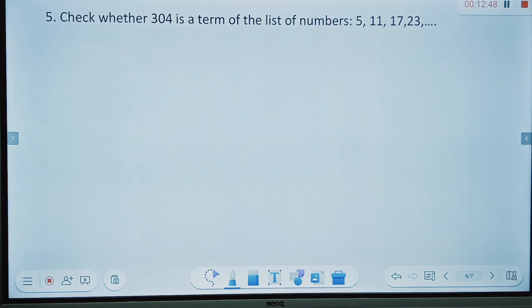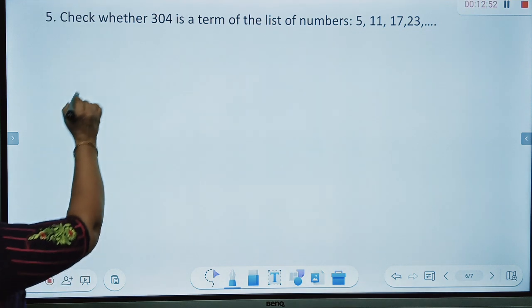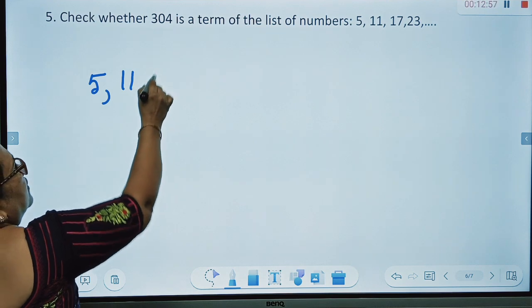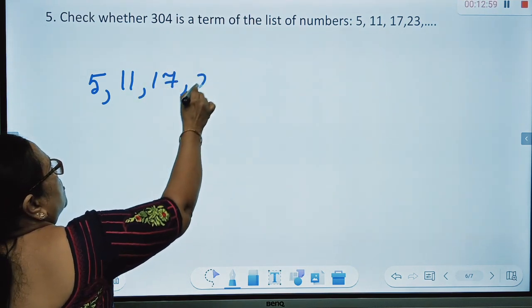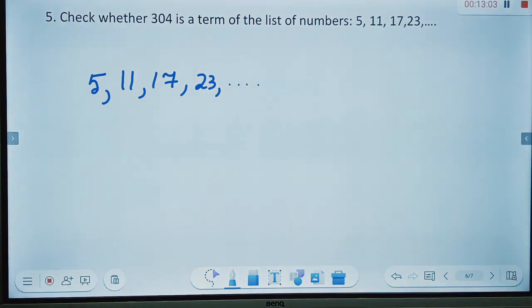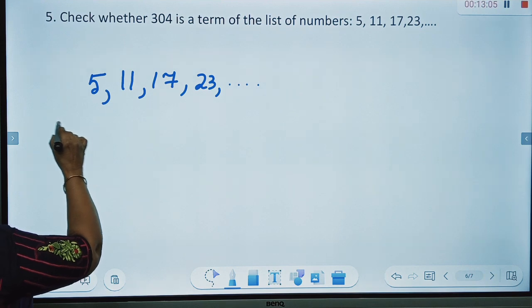Now check whether 304 is a term of the list of numbers. So you are given a set 5, 11, 17, 23, etc. Okay. This is a sequence. Now, is it an arithmetic sequence?